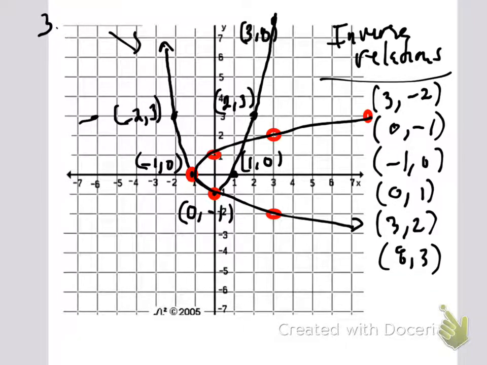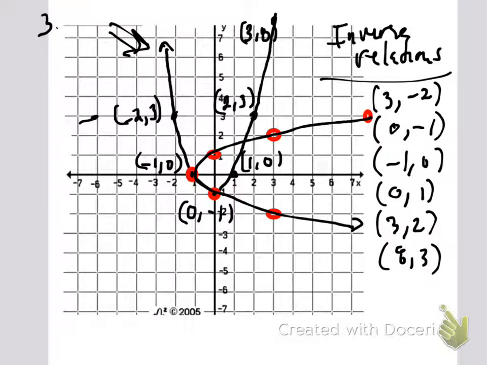We can just look right at the original relation. If a horizontal line intersects the original relation at more than one point, then we know that the inverse is not going to be a function. Right? So this fails the horizontal line test, therefore the inverse is not going to be a function.